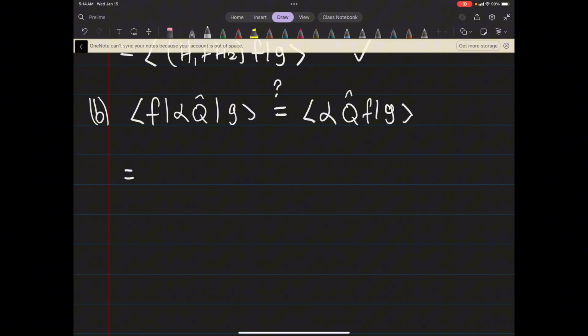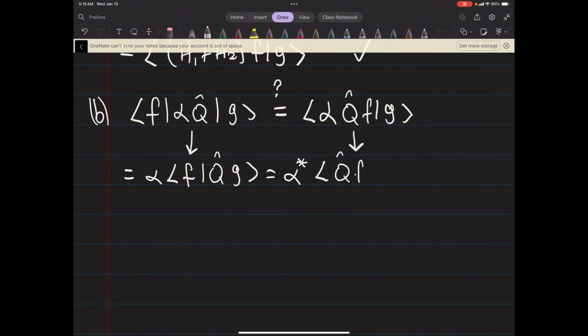Well, from here, alpha is a constant, and it's in the ket, so that just comes out. And over here, this time alpha is in the bra, so when we pull it out, we have to take the complex conjugate of it. Okay.